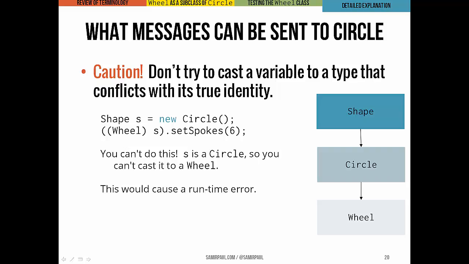So we can't cast it to a wheel and try to use a wheel method on an object that is really a circle. We're going to see more examples of this in the next lecture, so don't worry if it's slightly confusing to you. Just know that if you have subclass-specific methods, you've got to cast any interface or higher-up variables to that subclass so that you can call those subclass-specific methods without having a problem.